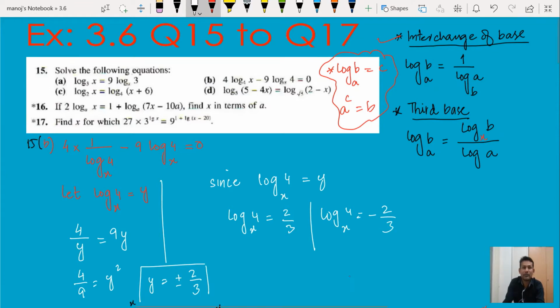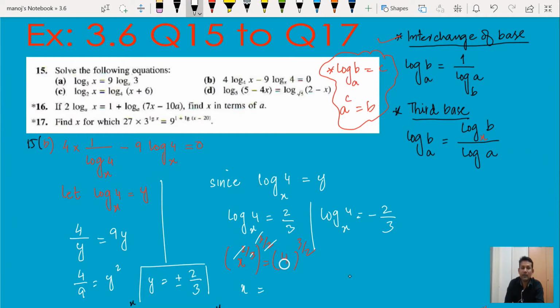Now we just need to simplify. x is the base and remains the base as we have done here, 2 upon 3 becomes the power, and 4 moves right. When you remove this power, it's very simple: 2 upon 3, we write 3 upon 2, just the reciprocal, 3 upon 2 on both sides. The 3 and 3 cancel, the 2 and 2 cancel, and you have only x.